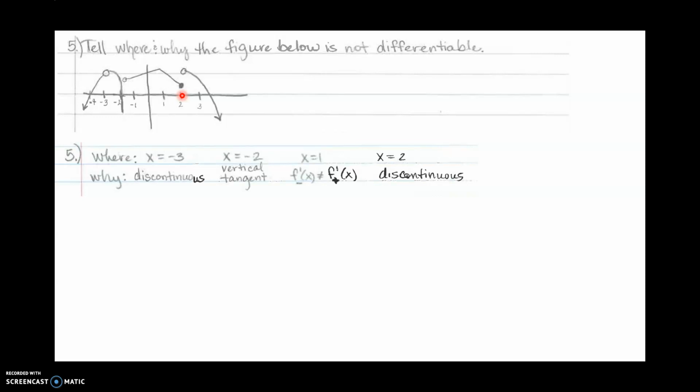All right, so for -3, the only problem is there's a hole in my graph right there, and so it is discontinuous at -3. So I'm going to say discontinuous at -3. At -2, you'll notice that my graph goes directly vertical. So to draw a tangent line, I would have to draw a perfectly vertical line, and we can't have a vertical tangent because the slope of a vertical line is undefined.